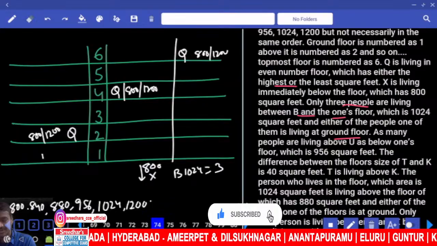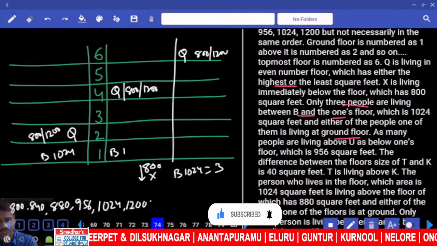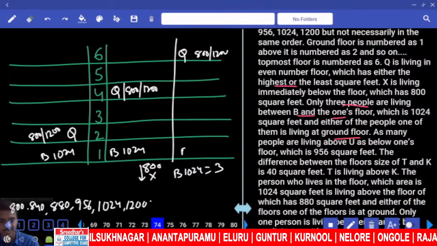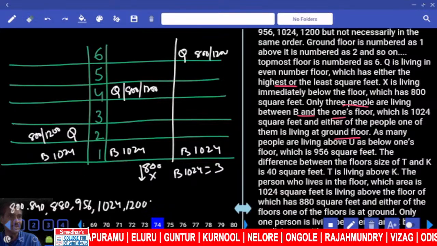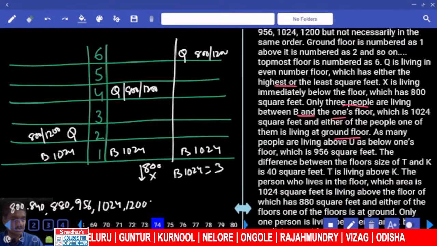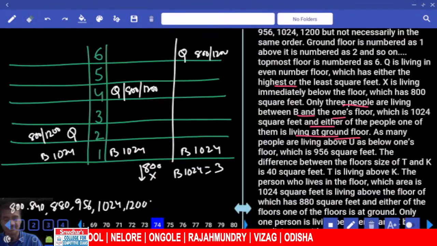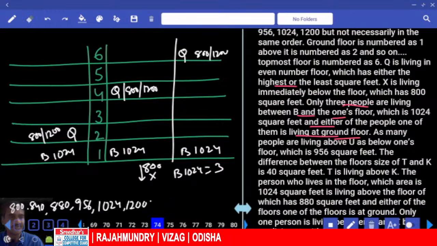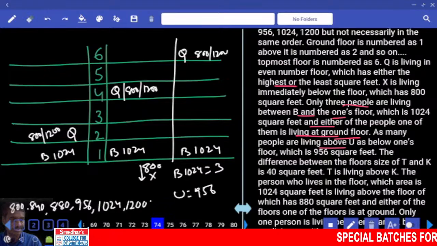If one is on the ground, the other person must be on the 5th floor. Clear? 1 and 5.